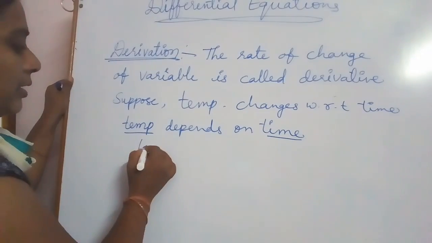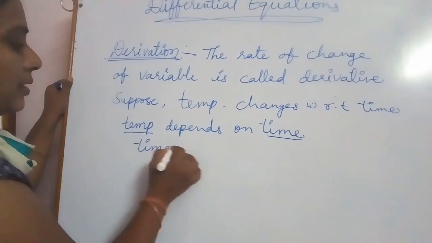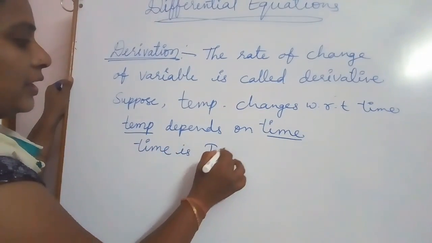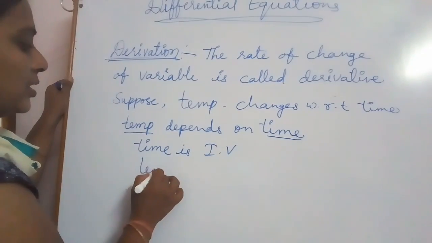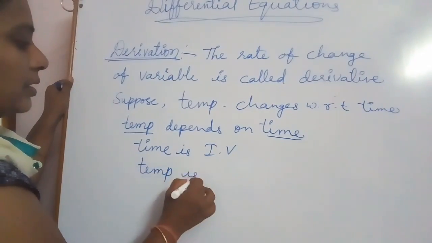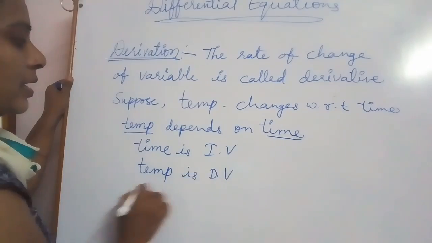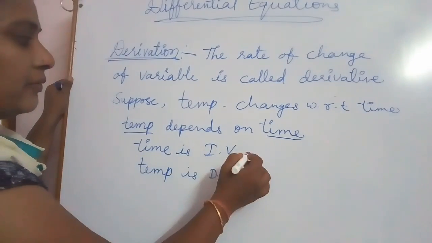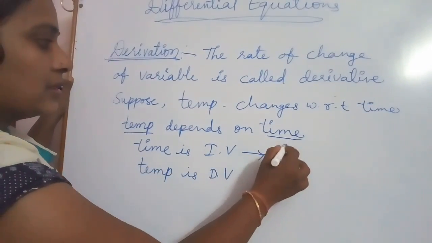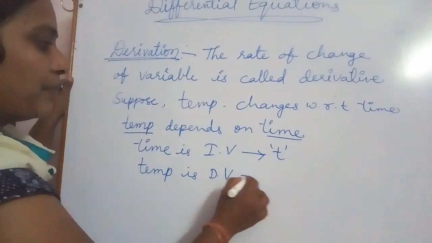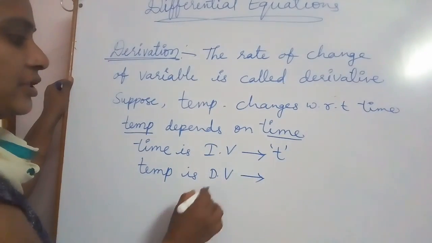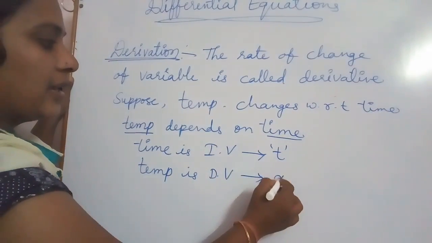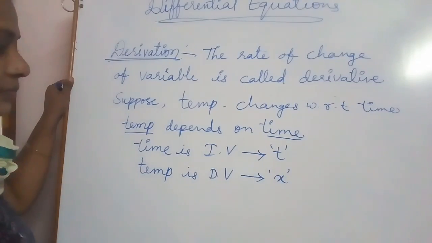Here time is the independent variable, temperature is the dependent variable. The independent variable time is taken as small t, and the dependent variable temperature is taken as small x.